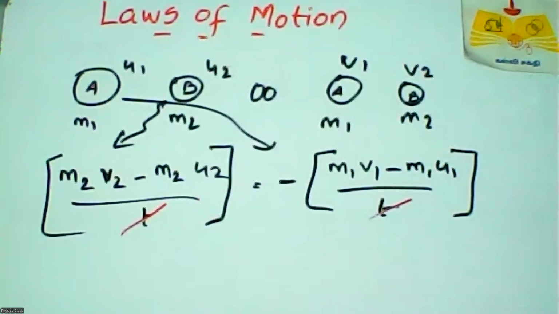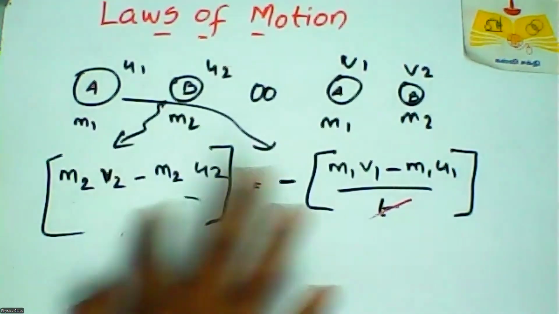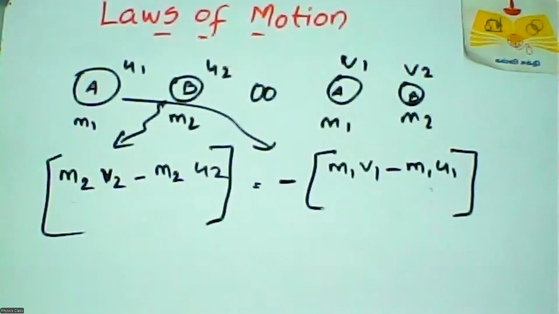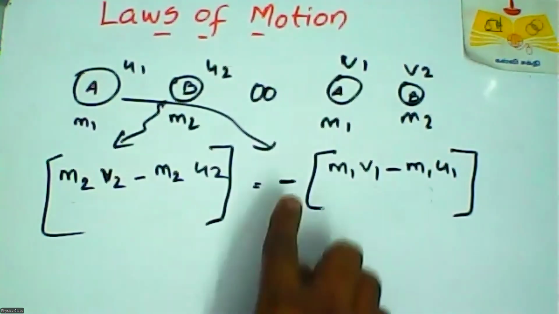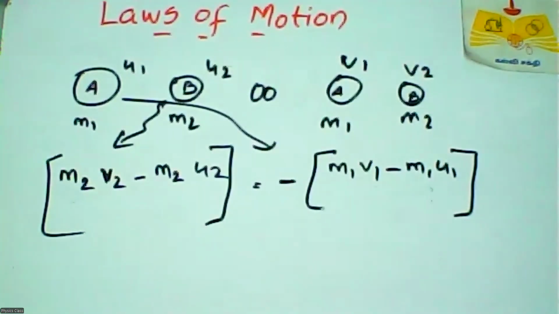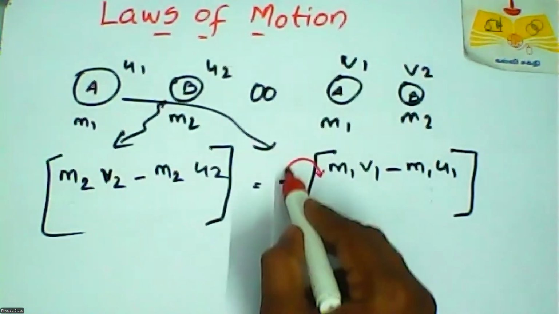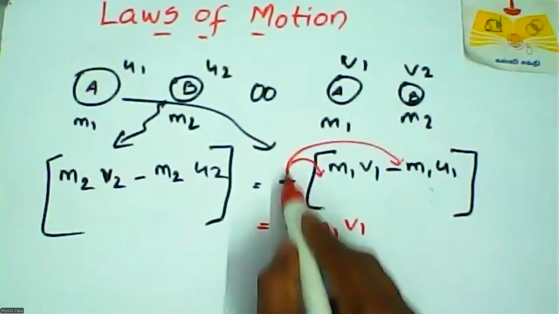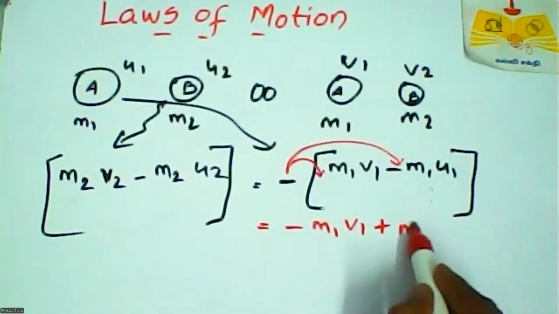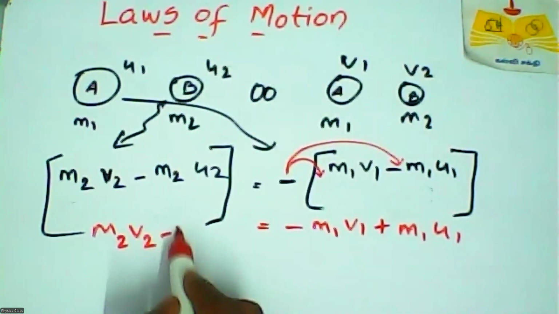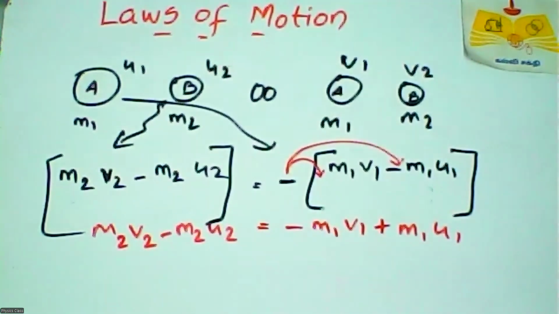Then you can put that minus sign into this box like so. Minus sign goes here and minus sign goes here. So minus m1 v1, and minus into minus gives plus m1 u1. So here m2 v2 minus m2 u2.